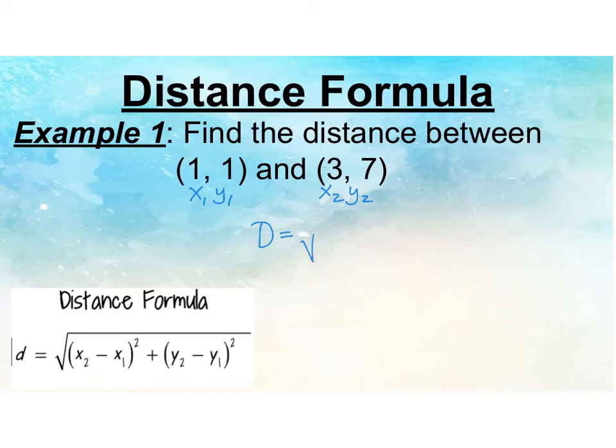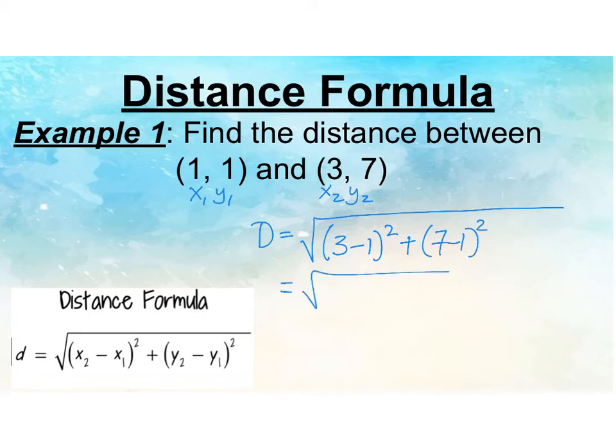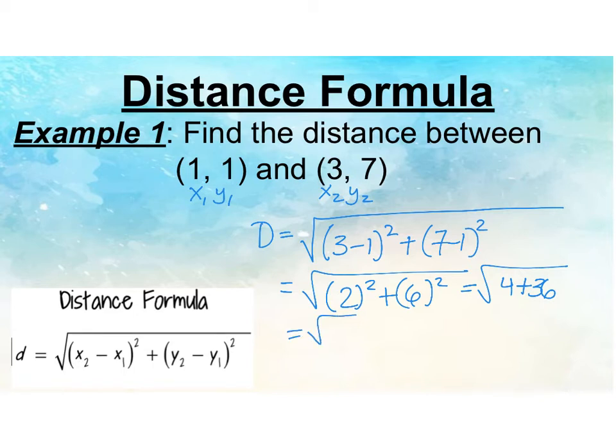Distance equals the large square root of (x2, which is 3, minus 1) squared, plus (7 minus 1) squared, equals 2 squared plus 6 squared, equals the square root of 4 plus 36. That is the square root of 40.